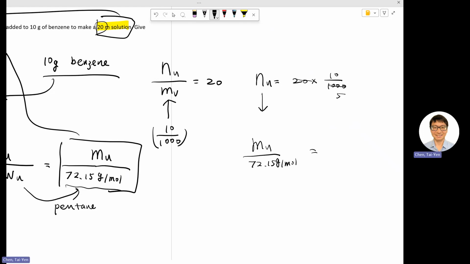This will be 50, and then it will be 0.2. So your mass of your solute will equal 0.2 multiplied by 72.15. And that's how you solve this.